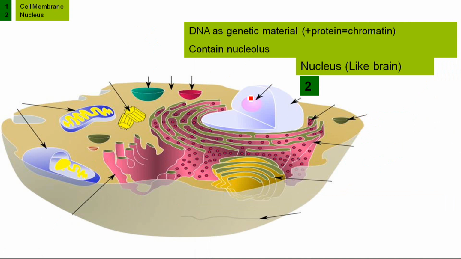The second one is the nucleus. The nucleus resides inside of the cell, and the nucleus is called the brain of the cell because it contains the genomic material of the cell. All the DNA and genomic material are enclosed inside the nucleus, and DNA is normally packed with proteins like histone and non-histone proteins.